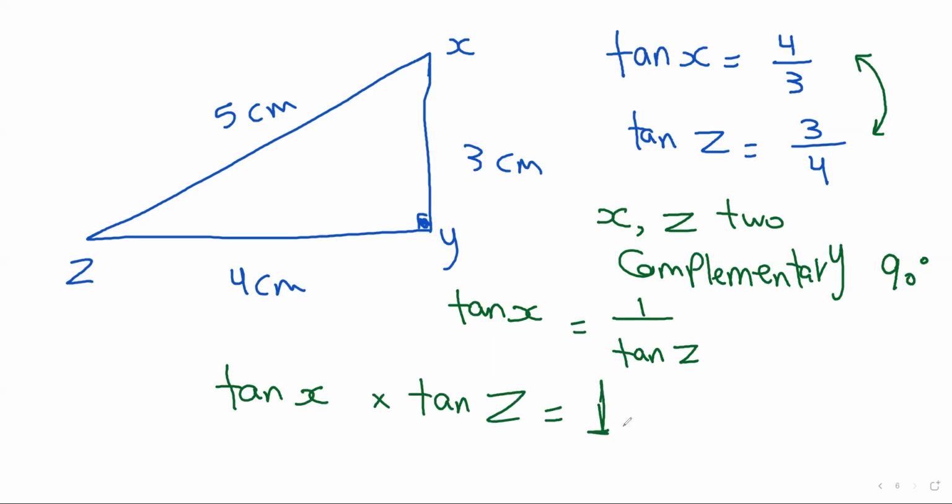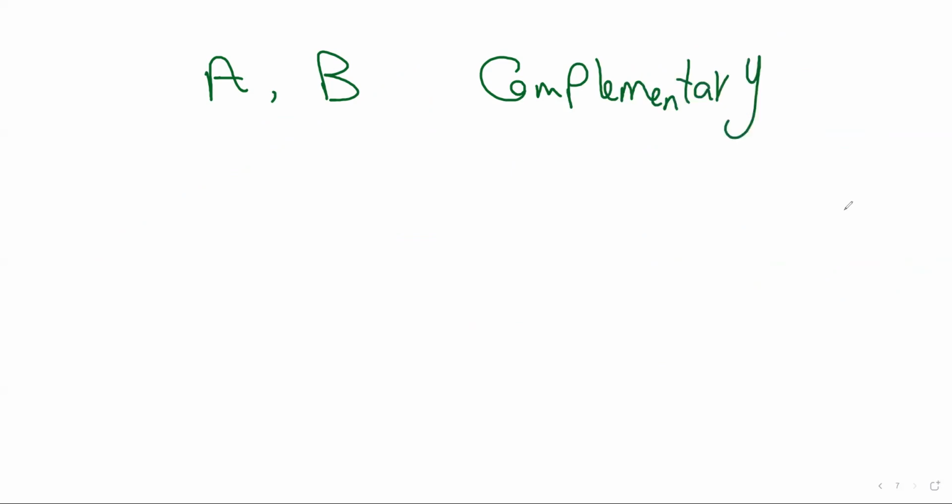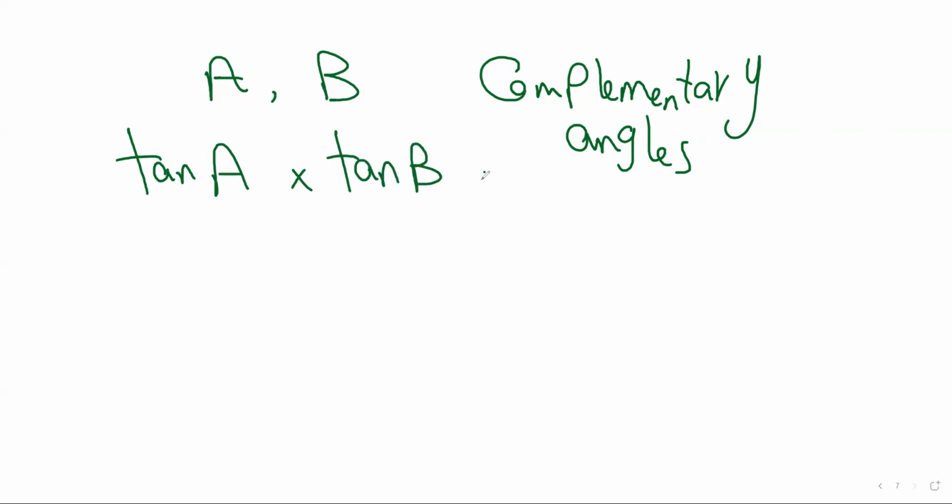Do you know why? They are two complementary angles. So if A and B are two complementary angles in general, without drawing triangles, tan A multiplied by tan B equals 1.